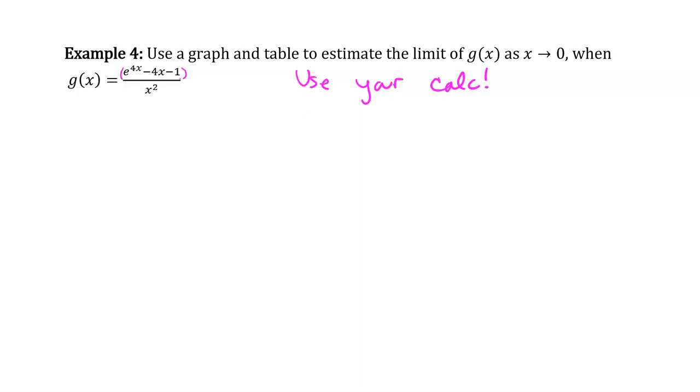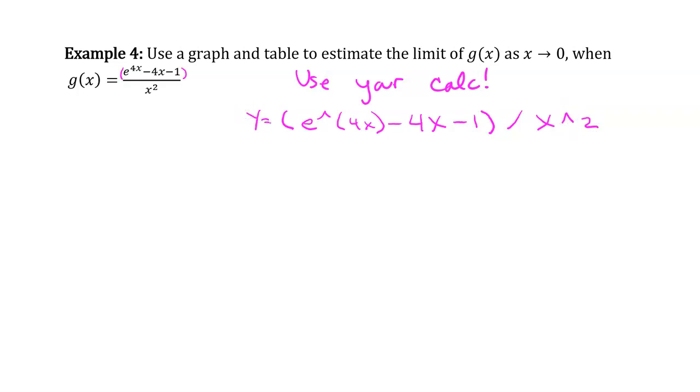So it would look something along the lines of parenthesis e caret 4x minus 4x minus 1 close parenthesis, and then divide by x squared, or x caret squared. And that would be in your y equals.